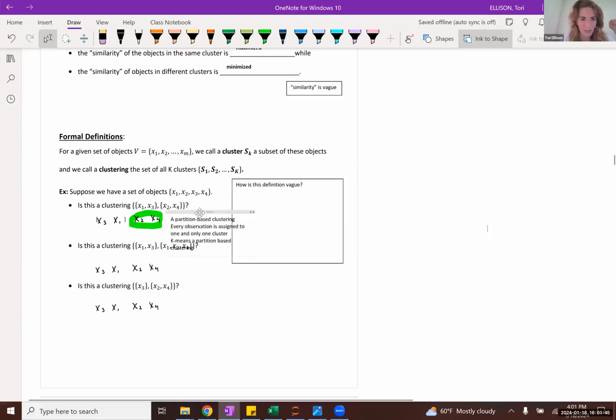Now let's think about this second set of subsets that we've created here. Based on the definition that I gave you, does this count as a clustering?